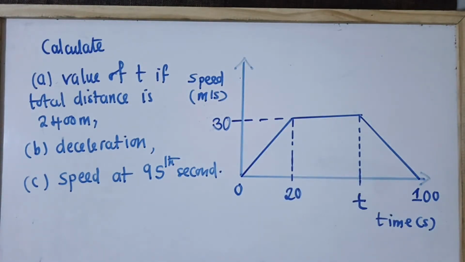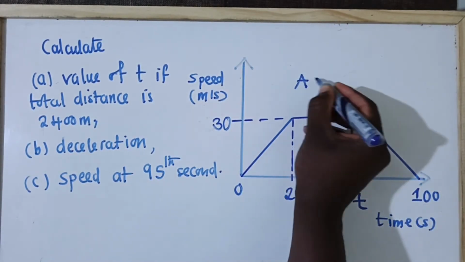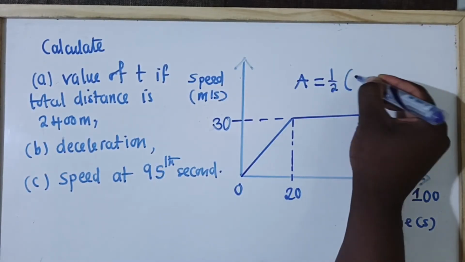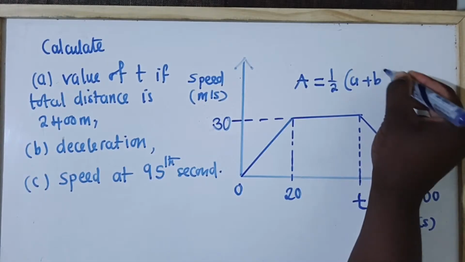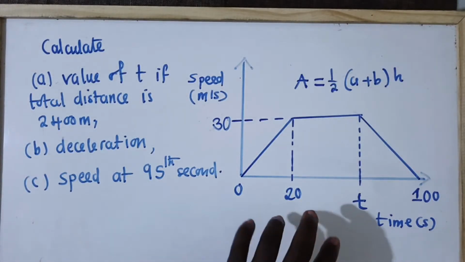If I may ask you a question, what is the formula for finding the area of a trapezium? Somebody may say that when finding the area of a trapezium, area is equal to 1 over 2 open bracket a plus b close bracket h. In most cases, this is what I'll tell you.